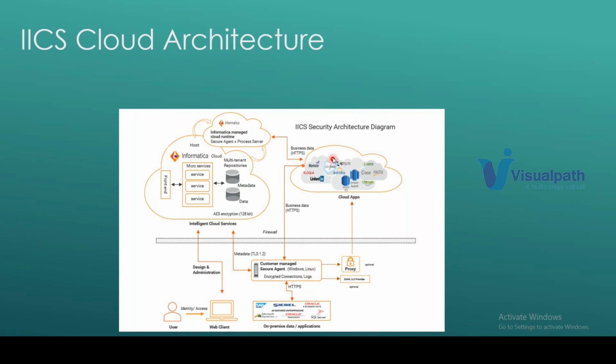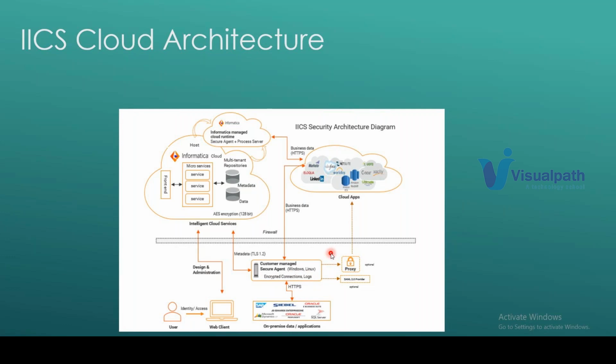This is on the right side. You see the business data where you have different connectors like Marketo, Salesforce, or any other connectors like LinkedIn or NetSuite. You see that these are the business connectors, and there is a customer managed secure agent, which is typically running on a Windows machine or a Linux machine.